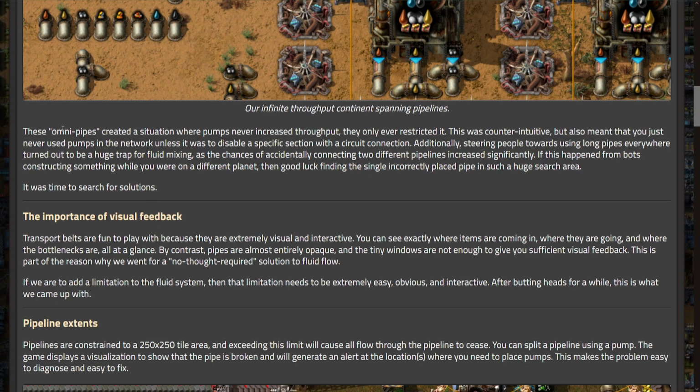So I guess they call them Omni pipes, which is the current version of how the pipes work, or how they work before they introduce the fix here. They say pumps only ever restrict the throughput in this version of the pipe implementation.